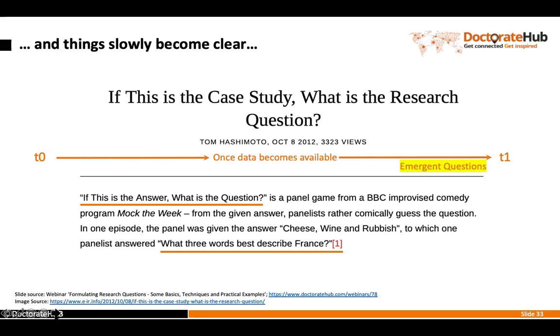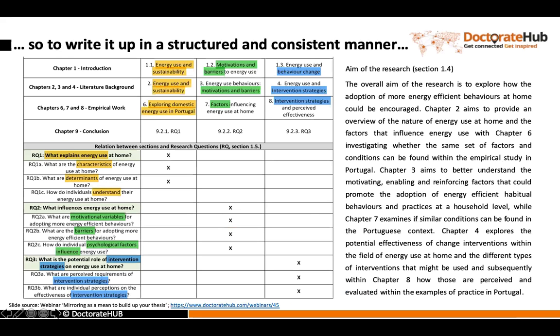And the answer would be cheese, wine, and rubbish. Now, this is a slow and gradual development process that you will be seeing, and that allows you to become more and more specific, working out the structure of your thesis and mapping out how things belong together.